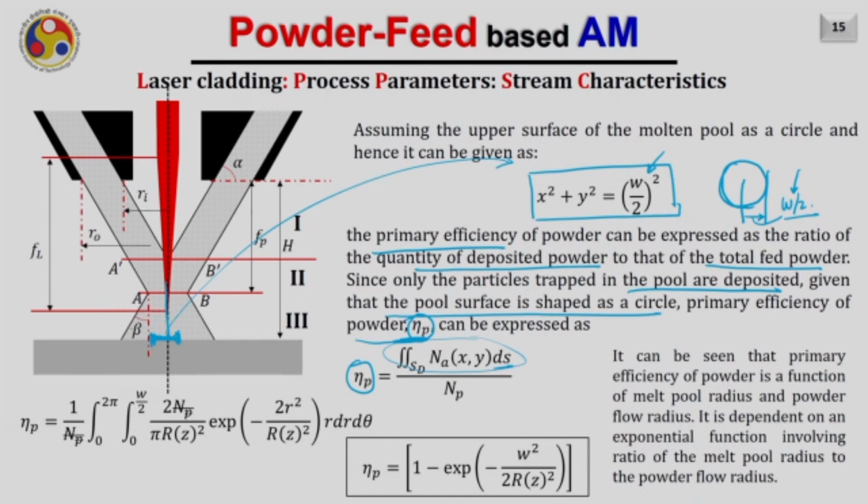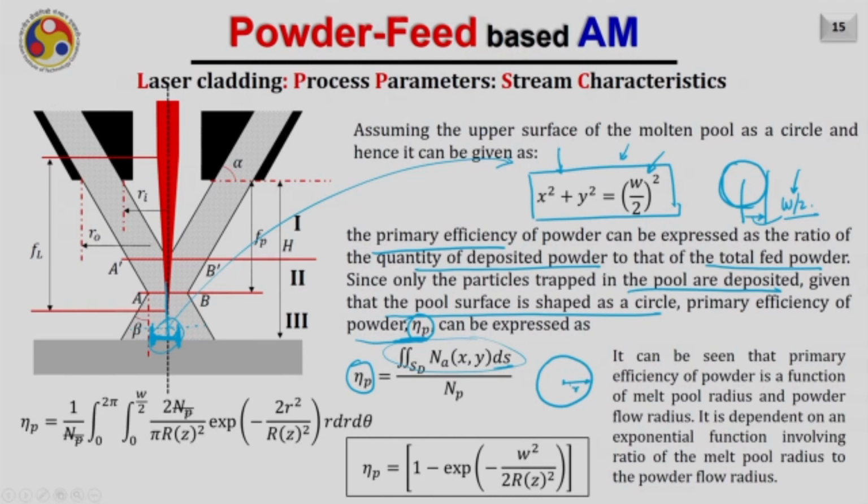So, physically, if there are so many powder particles here, we are trying to find out the powder particles that are coming under this zone only. So, as it is a 2D area which is represented by a circle, I have to obtain the area integral of this distribution in this zone. So, that is very easy. First of all, let me just consider that this area of the melt pool is represented like this. It has a radius r.